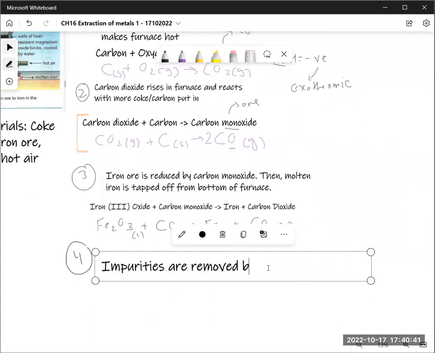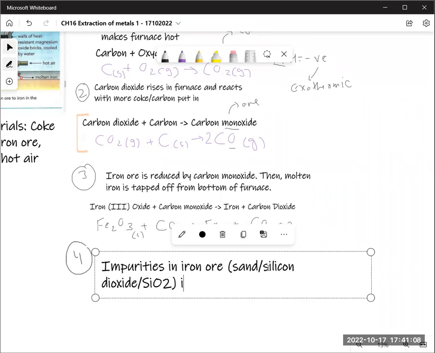The impurities in iron ore, let's say, iron ore, which is sand, slash SiO2, silicon dioxide, is removed by reacting with limestone.